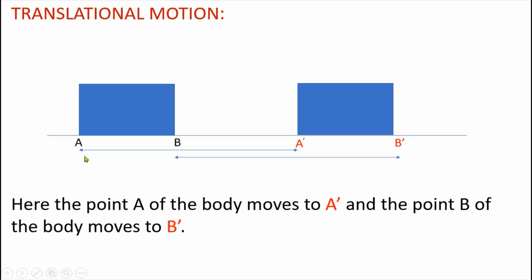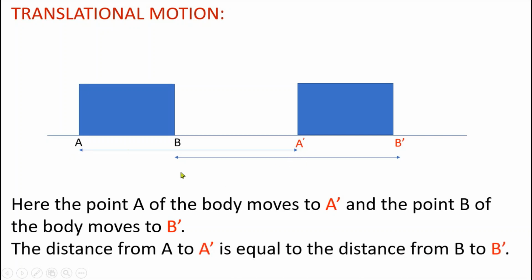Here the point A travels A to A prime this distance and point B travels B to B prime this distance. Here the time taken by the point A reaching from A to A prime and the time taken by the point B to the B prime point is the same.